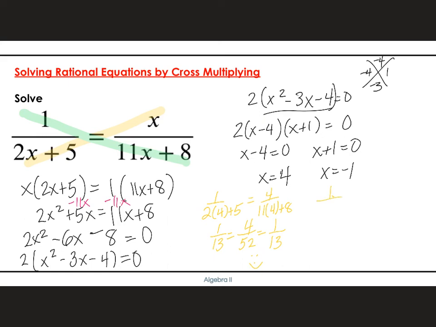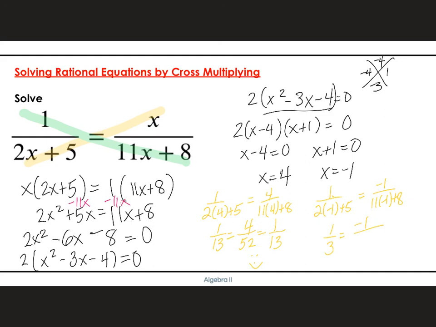And then let's check negative 1. So I have 1 over 2 times negative 1 plus 5 is equal to negative 1 over 11 times negative 1 plus 8. So 2 times negative 1 is negative 2. Negative 2 plus 5 is 3. Then I have negative 1 over here. And then I have 11 times negative 1, which is negative 11.